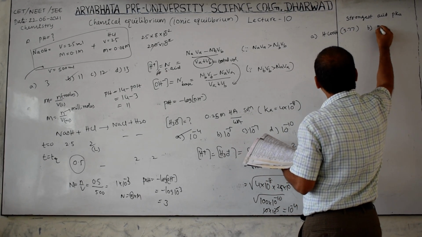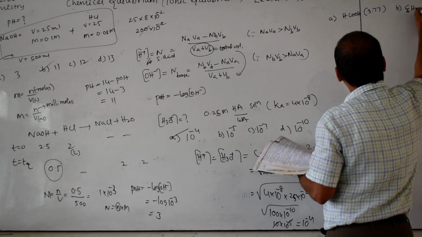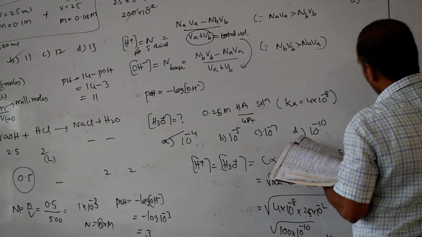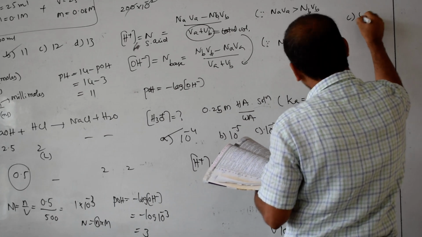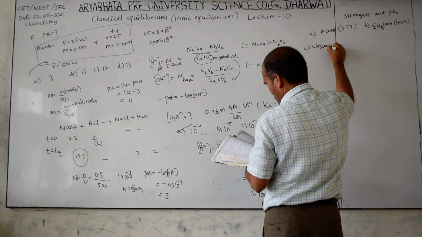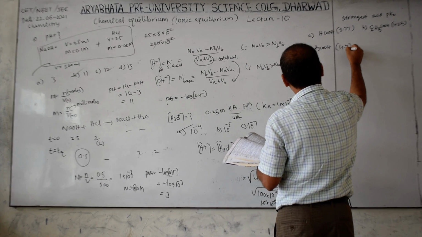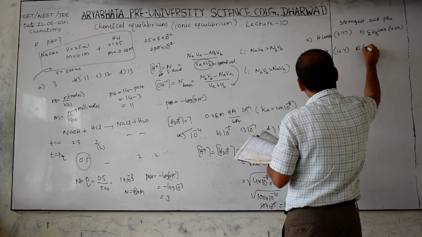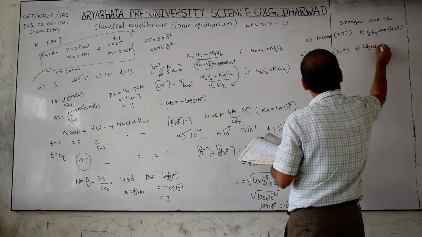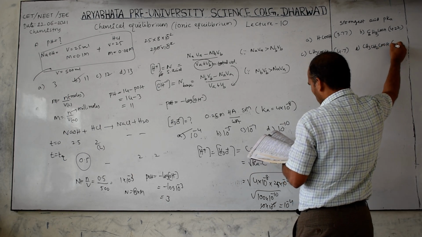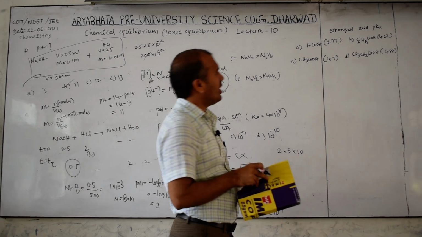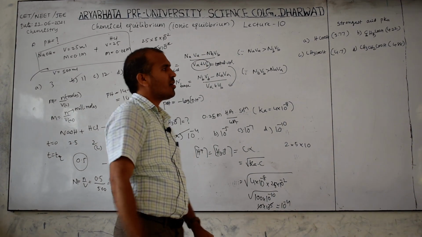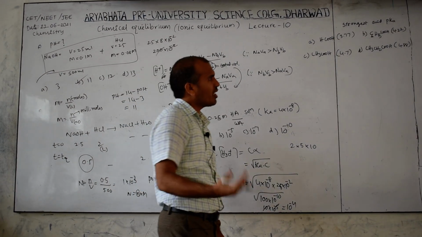B, benzoic acid, C6H5COOH, value given 4.22. C option, acetic acid, 4.7. D, propanoic acid, 4.88. Whether pKa value is given or not, we can also answer according to organic chemistry.